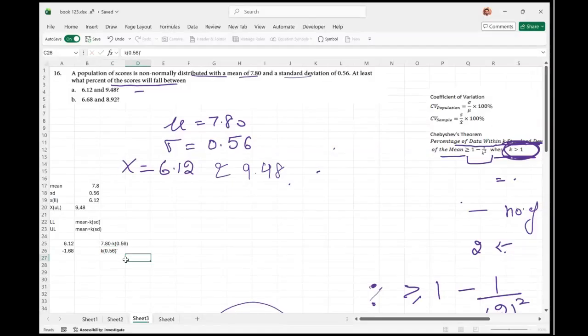Anyhow, I'll leave it as k here. There is a negative here, you might have noticed, so I will remove the negative in the next step.